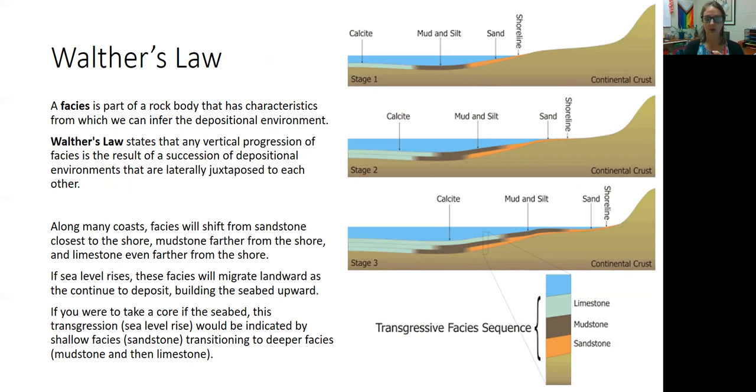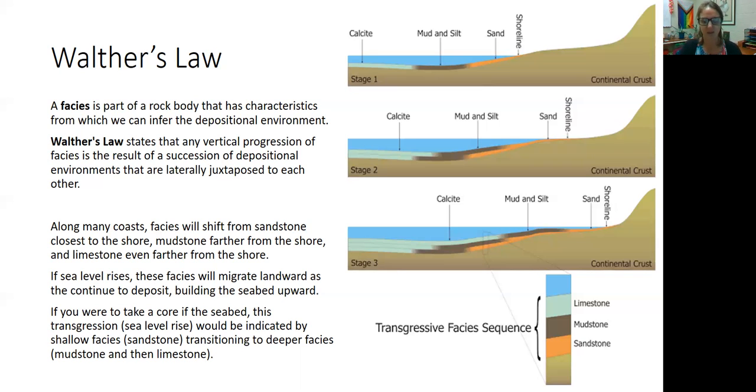Now, Walther's law states that any vertical progression of facies, remember that sand, mud and silt, calcite, can create a succession of depositional environments that are laterally juxtaposed to each other. Okay. Basically, that means that same order, the sand, mud and silt, calcite that we see horizontally will also be preserved vertically within a core.